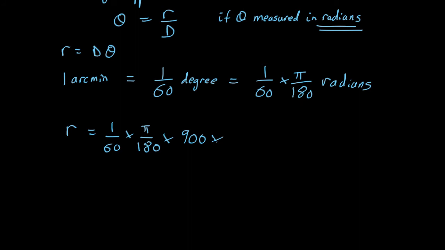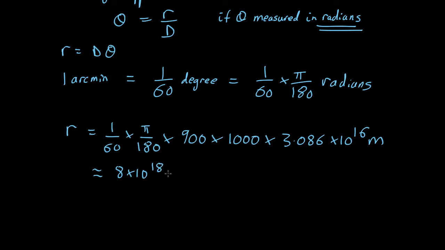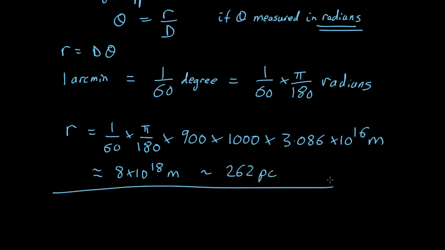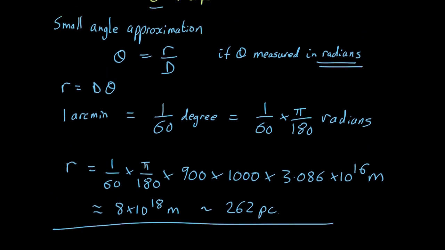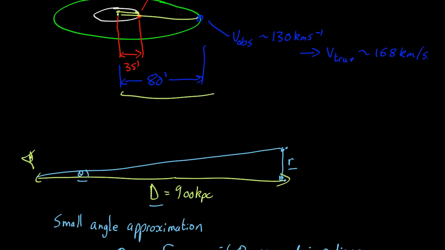So it's 900 times 1000, because it's a kiloparsec, times a parsec, which is 3.086 by 10 to the 16 meters, which comes out as about 8 by 10 to the 18 meters, which is 262 parsecs. So that's how we do the conversion, which will allow us to calculate exactly how far out these measurements actually are.